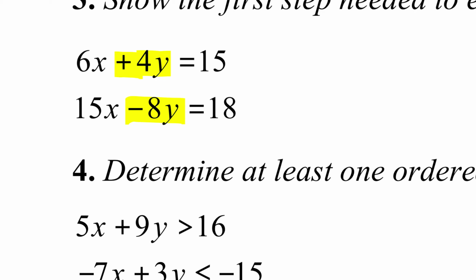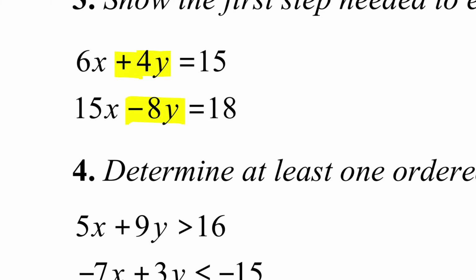And now all I have to do is just say multiply this by positive 2, right? So that would actually be the first step, and that is my answer. That's it. So it asks for the first step needed to eliminate y. My first step is I had to multiply the top by 2.